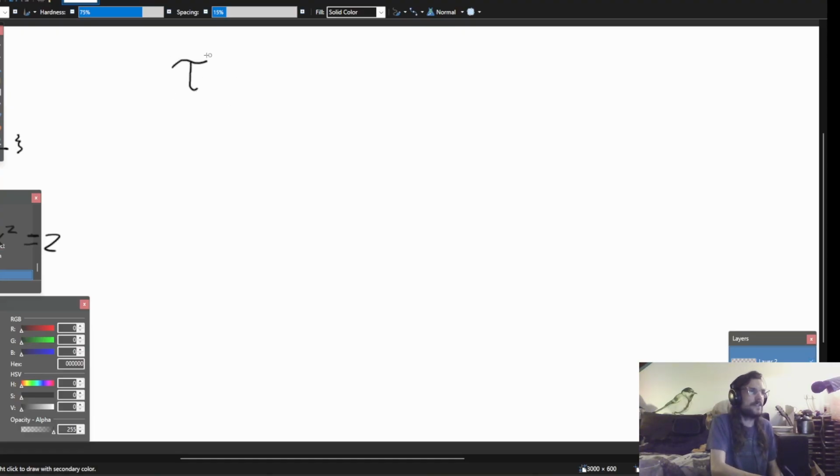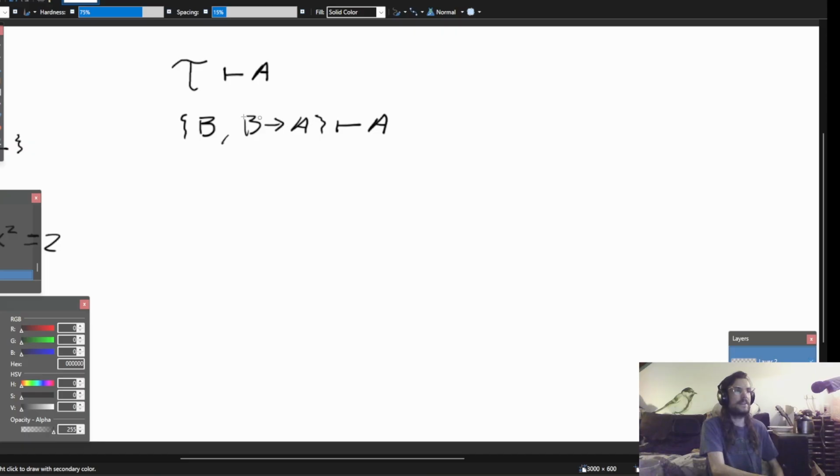If you have a theory, which is like a collection of sentences, and you can create a proof tree to some statement A, then we write this as the theory proves A. For example, I gave the example, if your theory is B and the statement B implies A, then this obviously proves A by the modus ponens, the rule for arrow elimination.